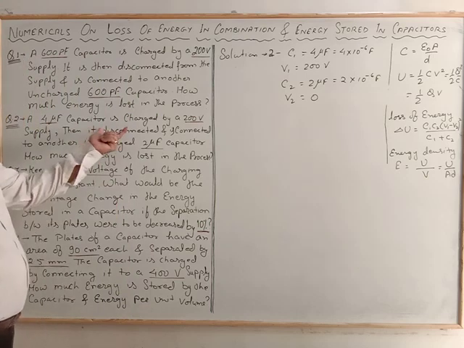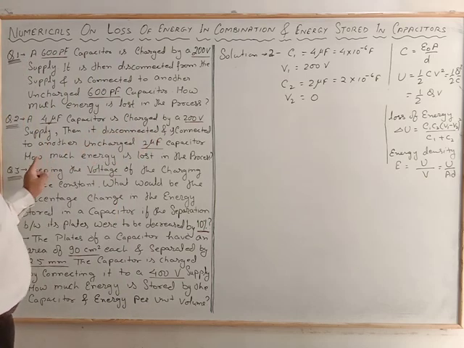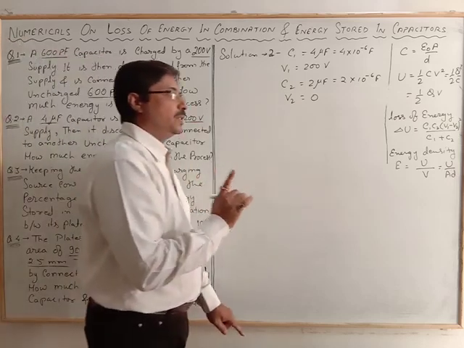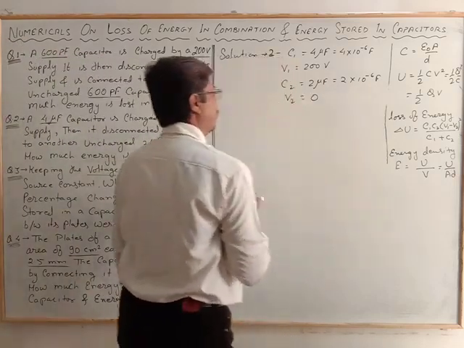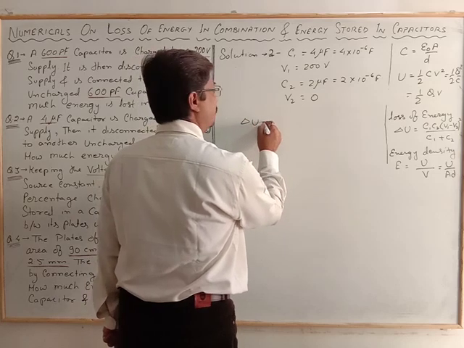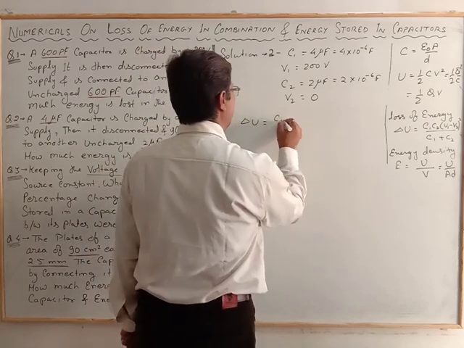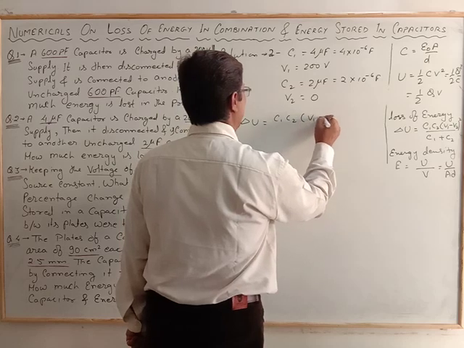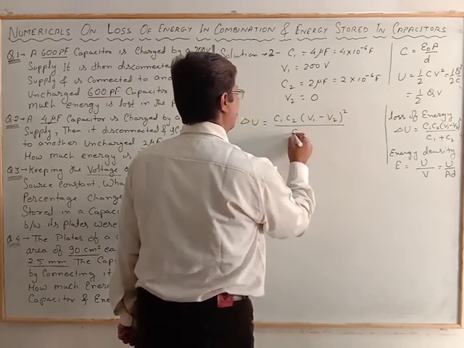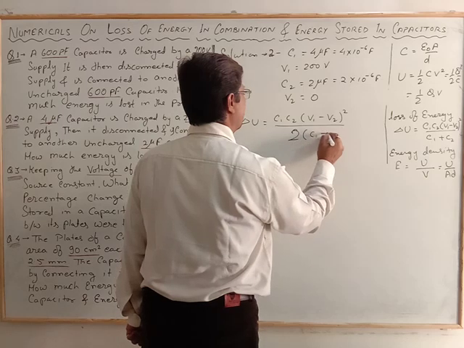Now the question is the same as the previous one. How much energy is lost in this process? Again we use the same formula for loss of energy: delta U is equal to C1 C2 times (V1 minus V2) whole square, divided by twice of (C1 plus C2).